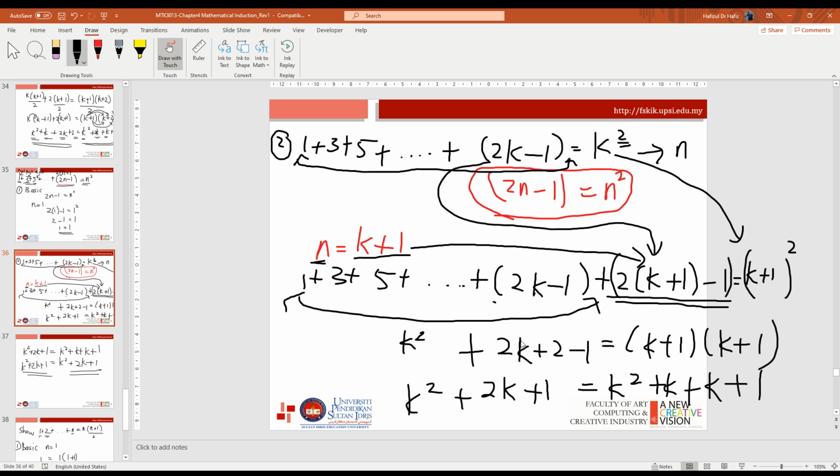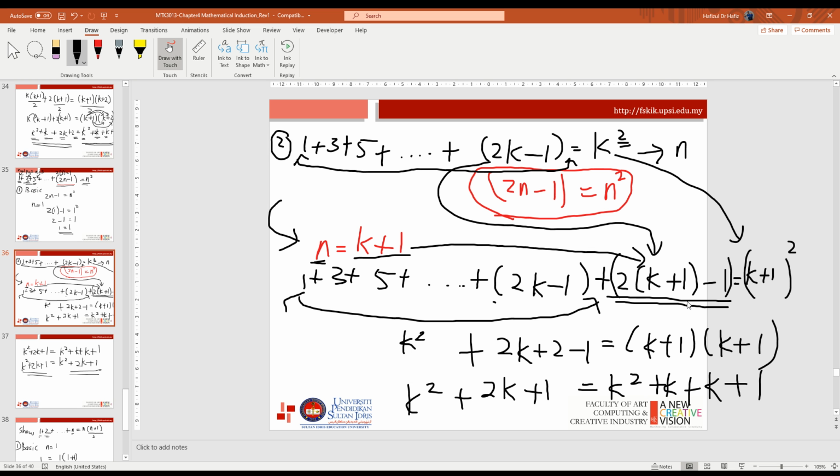For the inductive hypothesis, assume n equivalent to k. Okay, and then we assume that the sum up to 2k minus 1 is equivalent to k power of 2. And then to show, to recall, is n equals k plus 1. So this one is k power of 2 plus 2k plus 2 minus 1 here.